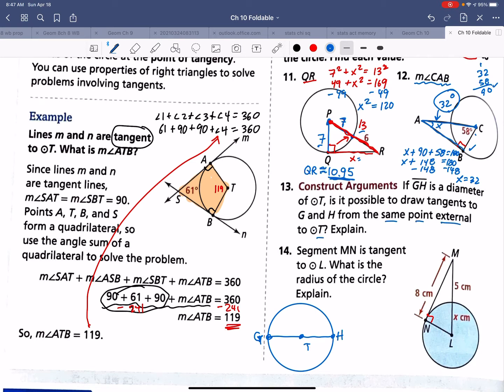Is it possible to draw a tangent line? Okay, so the only tangent line to G is here, and the only tangent line to H is here. So is it possible to draw it at the same point? No. So this is number 13. I'm just drawing it off to the side. That's not possible.